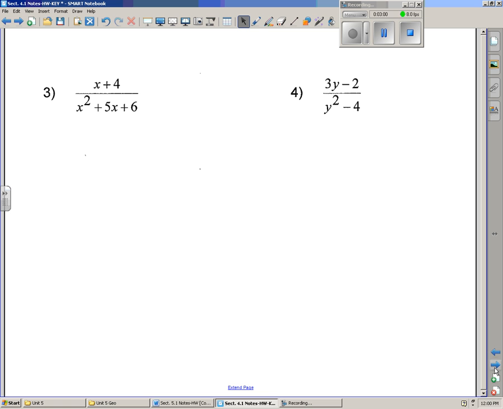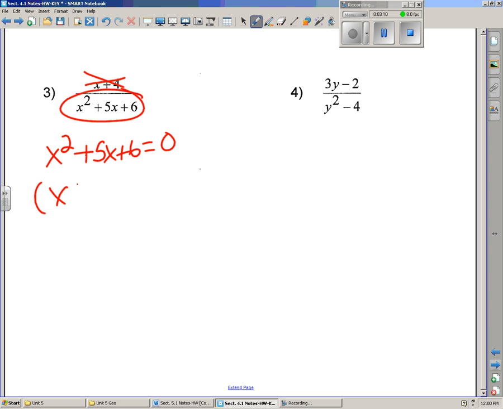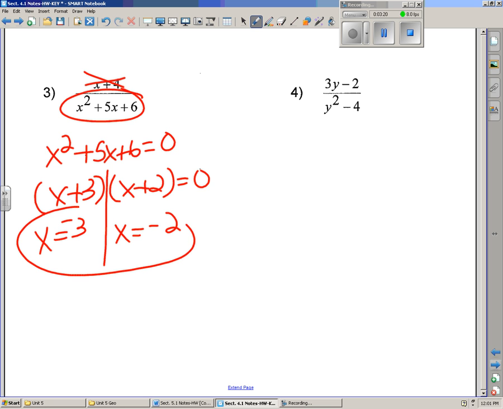As we keep going, what's going to make the denominator a 0? Well, numerator is irrelevant. Denominator gets set equal to 0. It gets factored, x plus 3, x plus 2. It gets solved, x equals negative 3, x equals negative 2. These values are the excluded values.